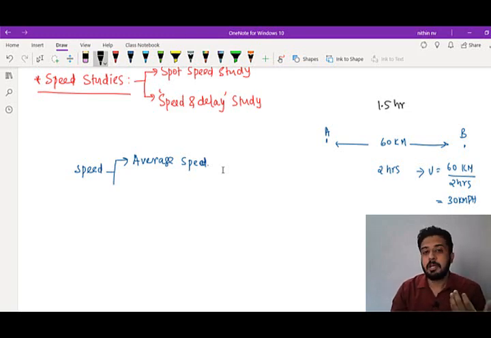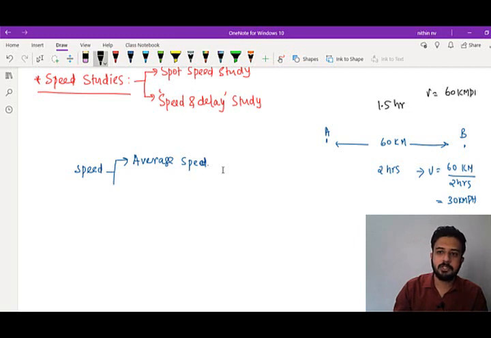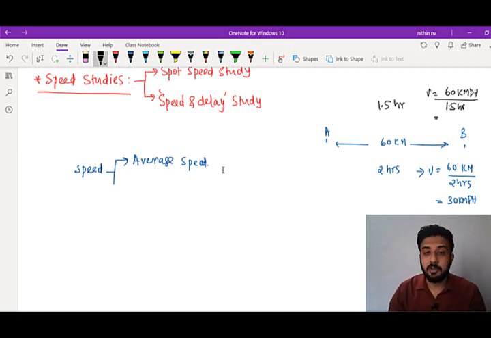Okay, so if I am considering that delay, meaning the vehicle was at rest, 0 speed, then what speed will I get? Another speed I am going to get is 60 km divided by 1.5 hours. How much am I going to get? I will be getting 40 kmph. Right? So a different average speed we got, correct?